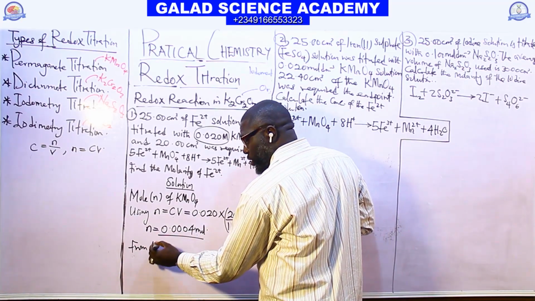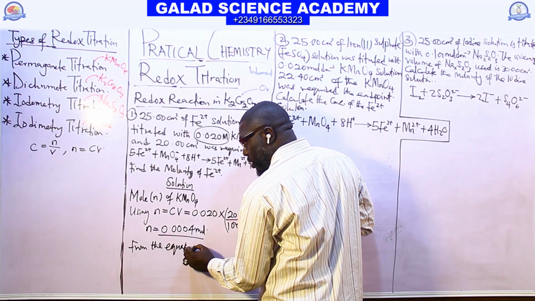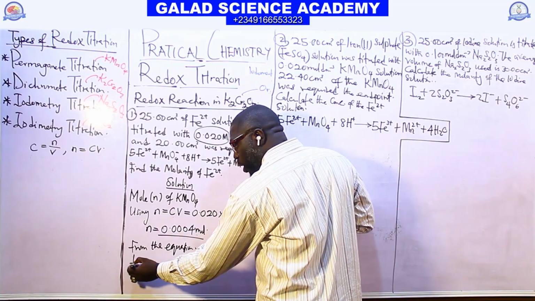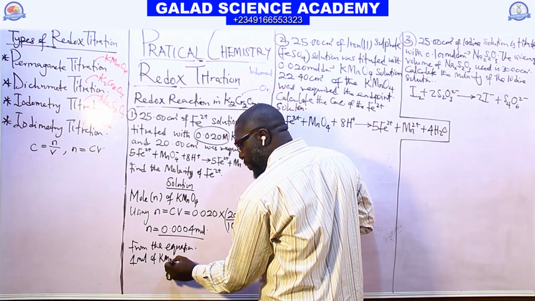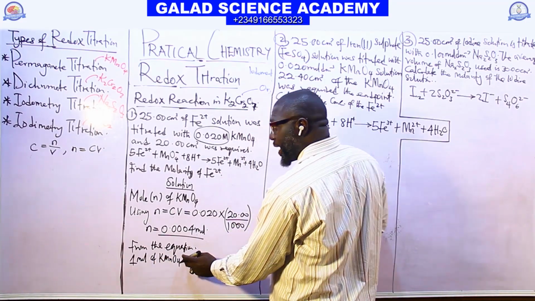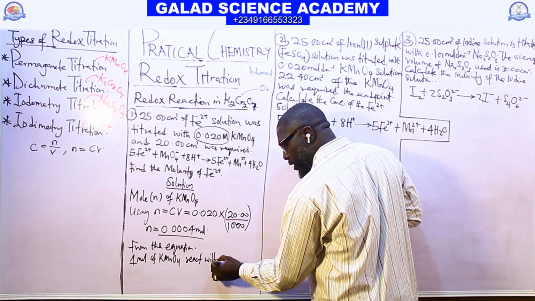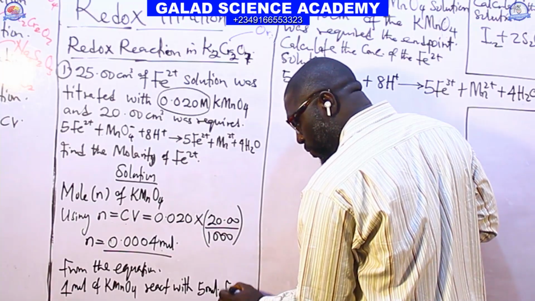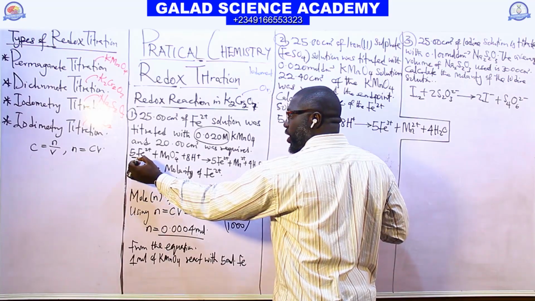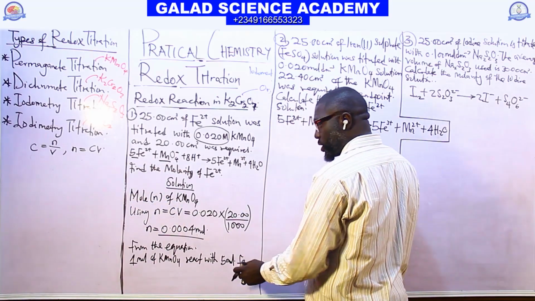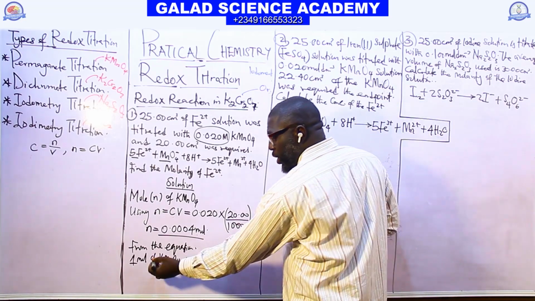From the equation, you will observe that 1 mole of KMnO4 reacts with 5 moles of iron. 5 moles of iron react with 1 mole of KMnO4. If that is the case, what is the mole of KMnO4?